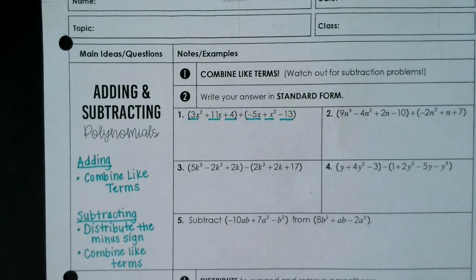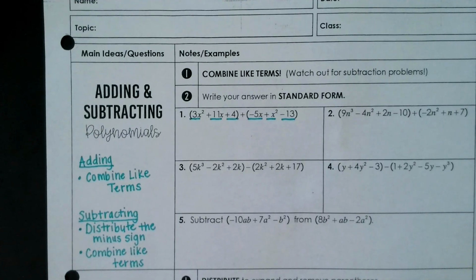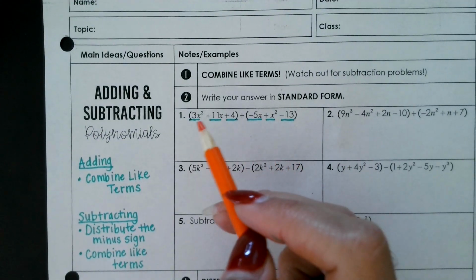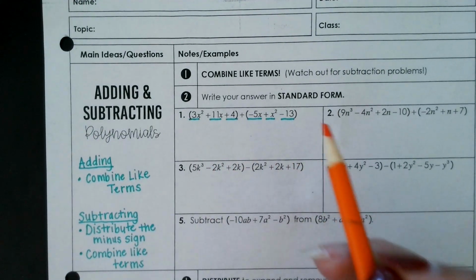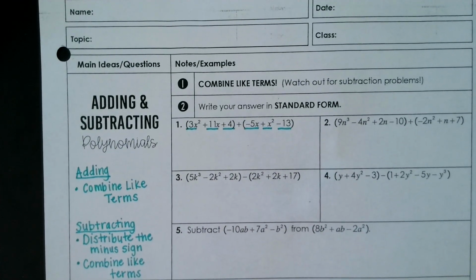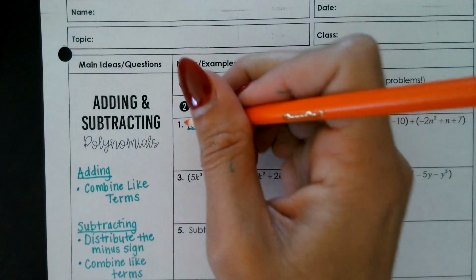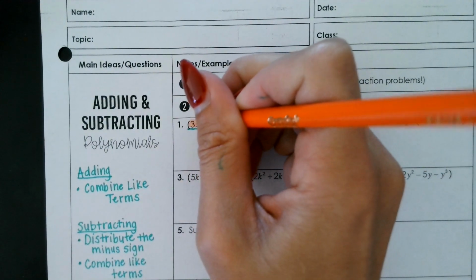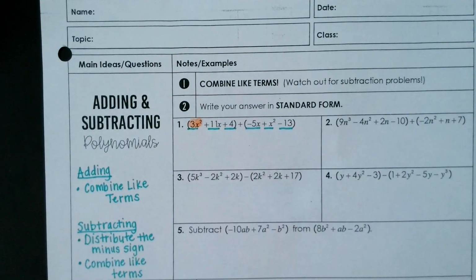Combine like terms. I won't always do this, but this is a tool to help you: if you use different colors, and I would always let you use different highlighters or pens or colored pencils, you can color code like terms, like this 3x squared.